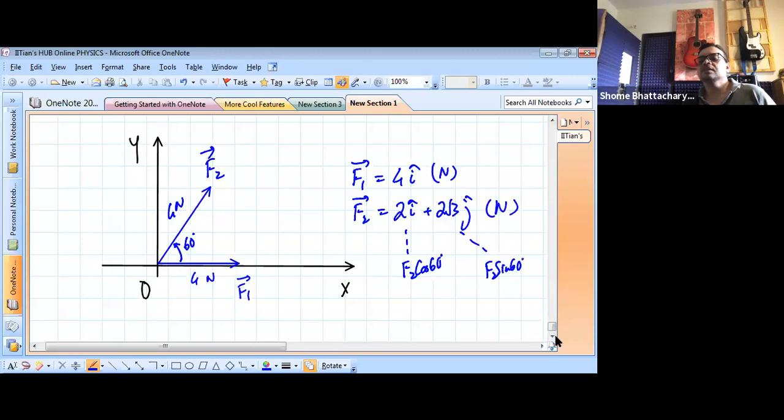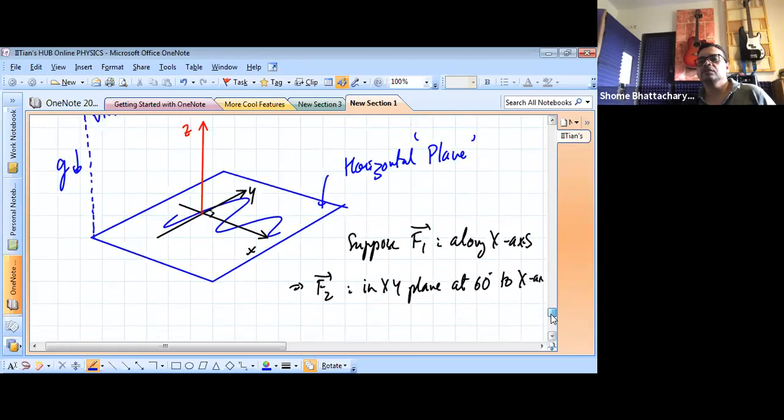Okay. But in comparison to these two forces, what about this one? Where will the F3 lie? F3 will lie vertically. F3 will lie in this diagram like this. F3 is the force which is like this.